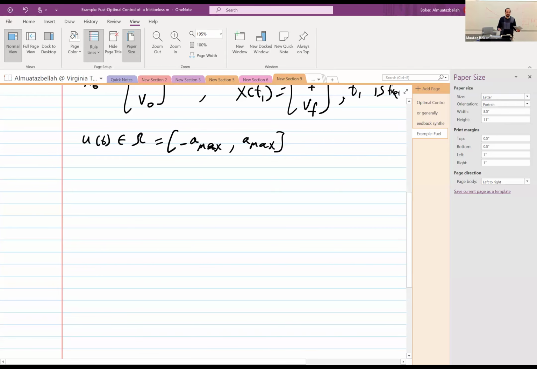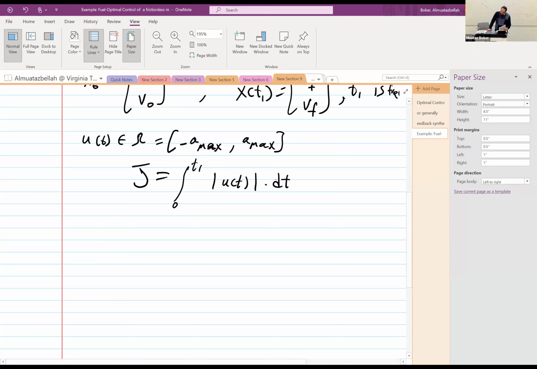By fuel, I mean electricity, energy, anything that moves the system. So fuel could mean a lot of things. So what is the cost function in this case? The cost function is the integral from 0 to T1 of the magnitude of u with respect to time.